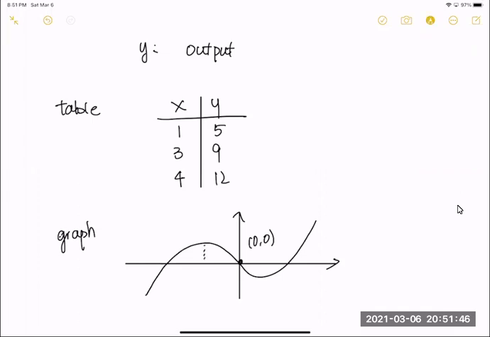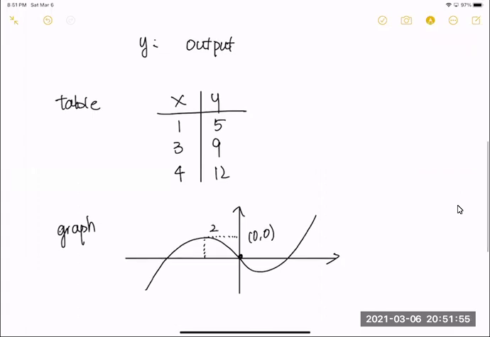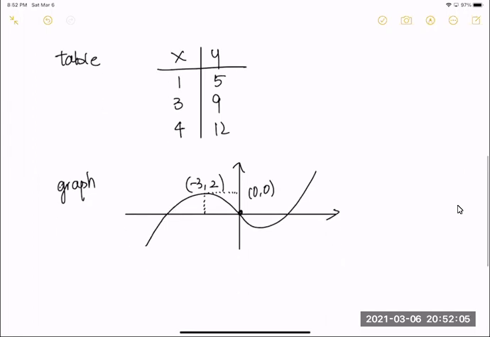So let's say the peak of this graph, if y is 2, x is negative 3, so that means if we put negative 3 into this equation, the output value would be 2. Or if we put in x equals 4, then the output value would be 0.